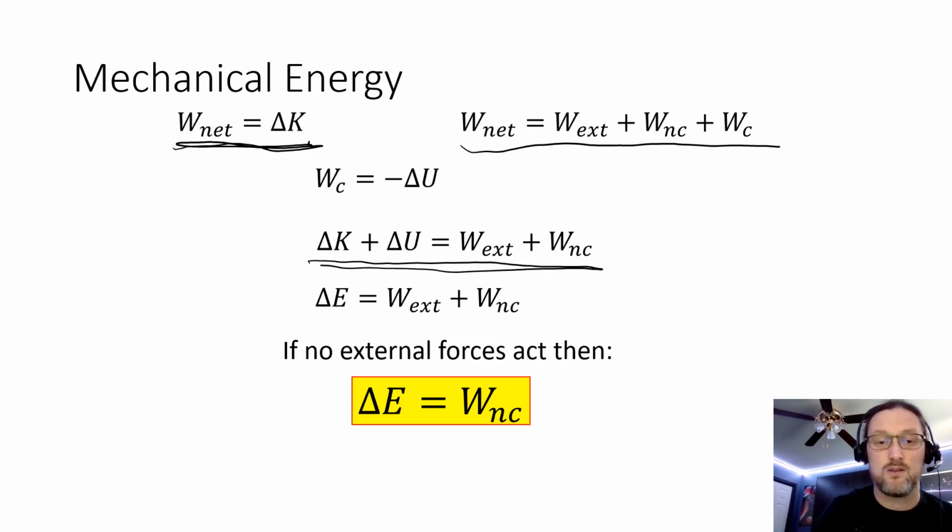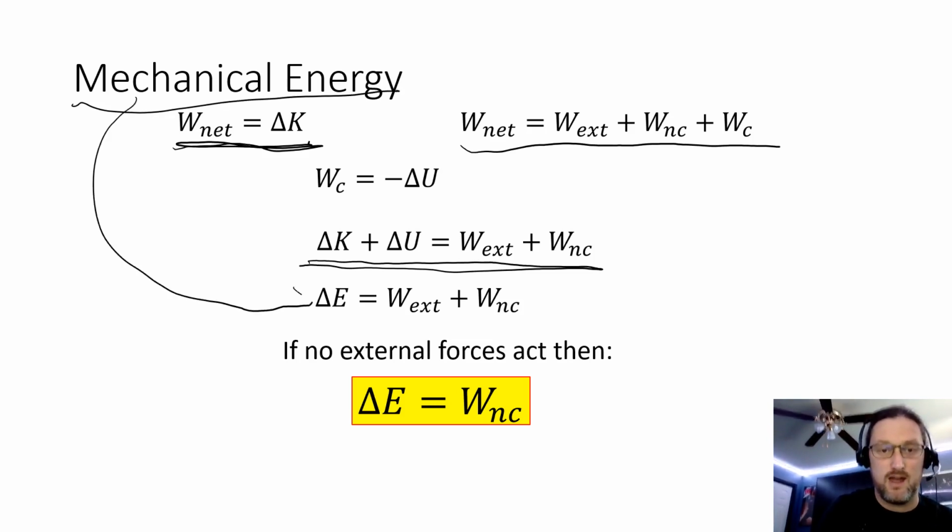This one says change in kinetic energy plus change in potential energy equals work from external forces plus work from non-conservative forces, right? Or the total change in mechanical energy. Mechanical energy is just that total of kinetic energy and potential energy.